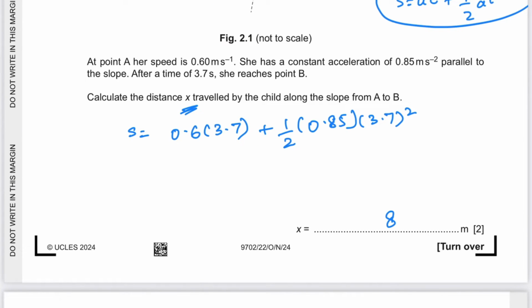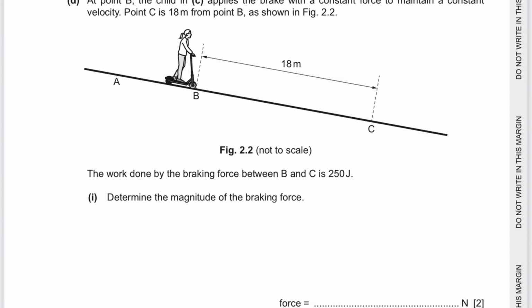from A to B. At point B, the child in C applies the brake with a constant force to maintain a constant velocity. Okay, so from A to B, her distance was 8 meters. Initial velocity was 0.6 meters per second.